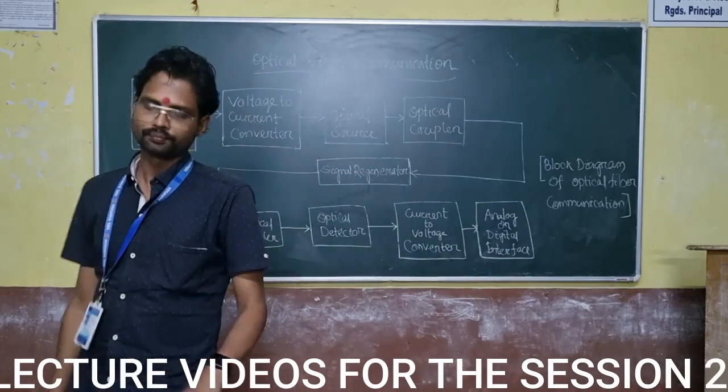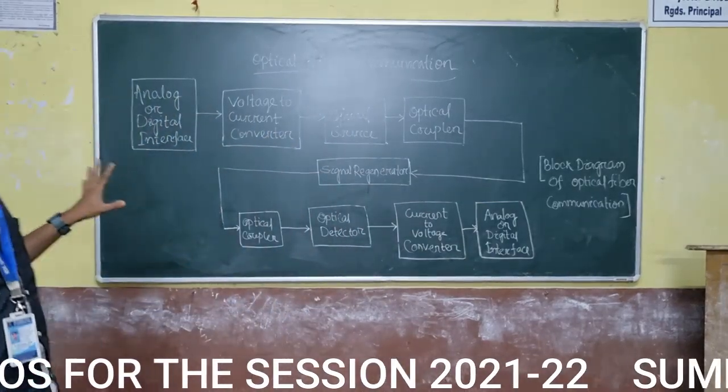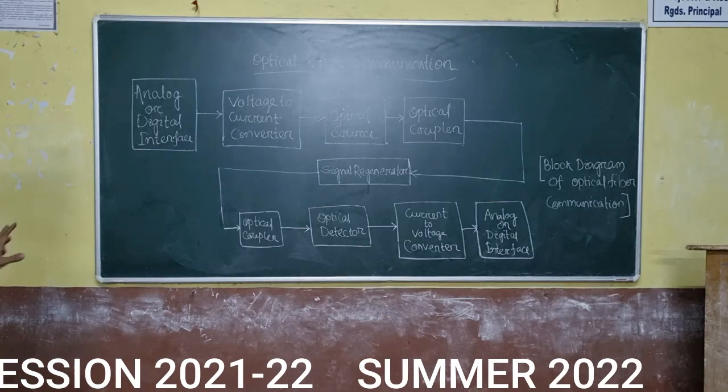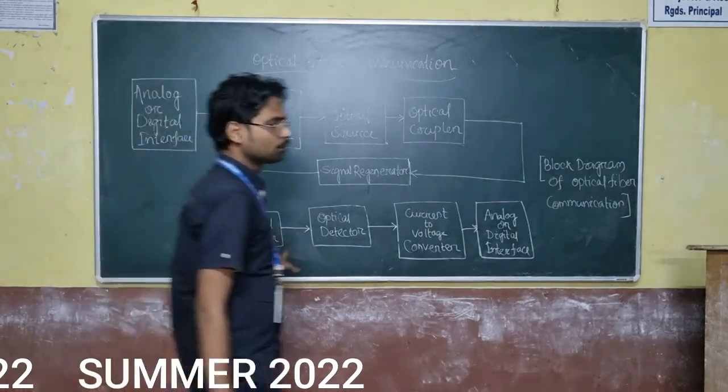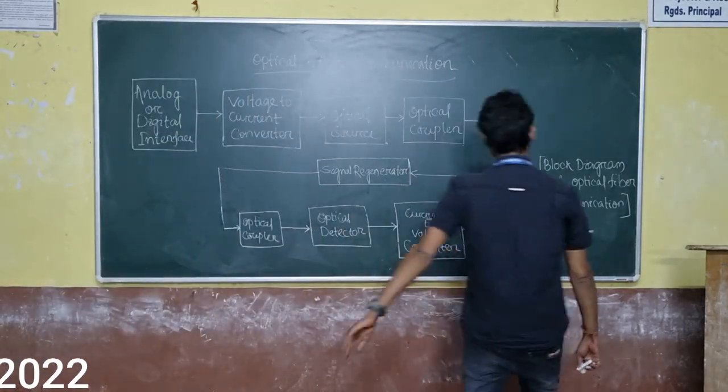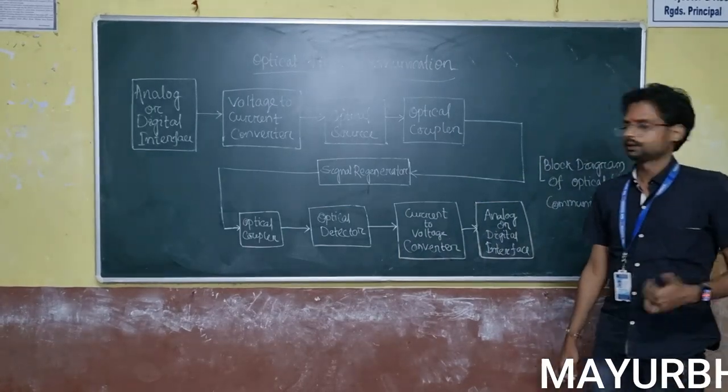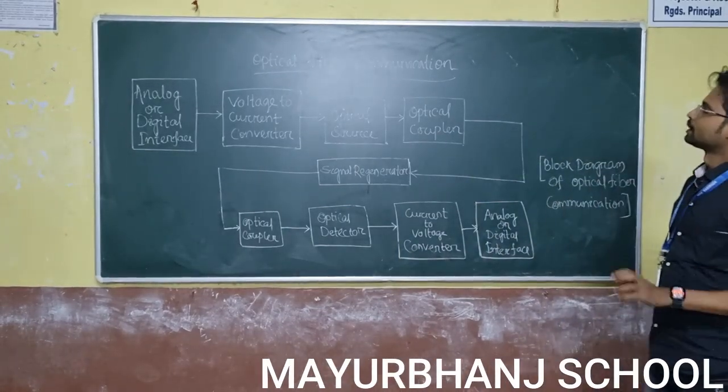So this is the complete block diagram of an optical fiber communication system. Okay, the diagram is completed.